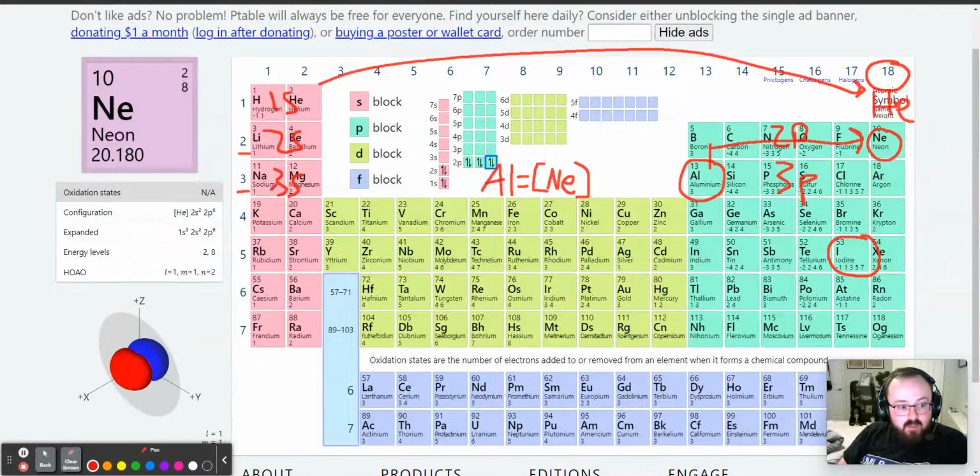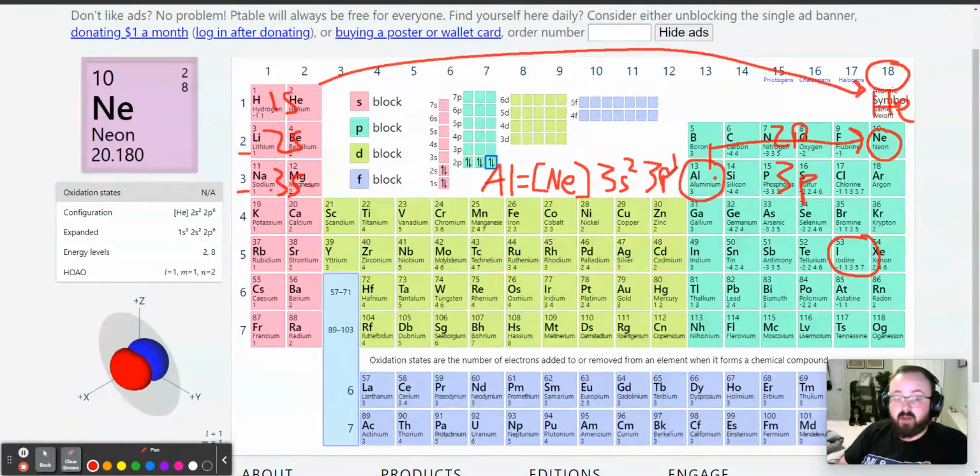So we have 3s, 1, 2, 3s2, and then we have our 3p, and there's just 1 electron in there. 3p1. And this gets rid of a lot of the junk, a lot of the redundancy, 1s2, 2s2, all of that stuff that you have to do many, many times.